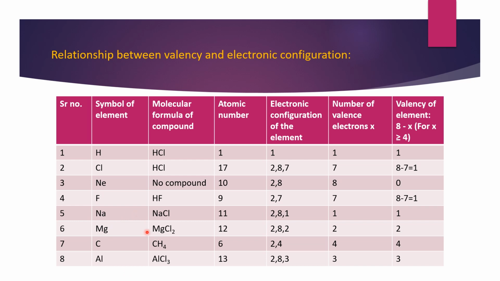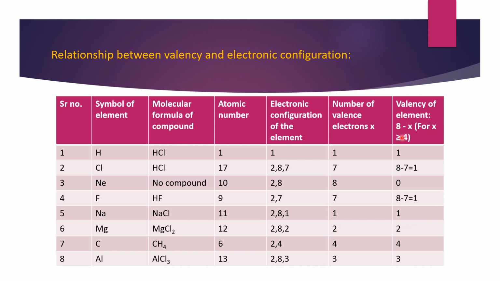Let's discuss MgCl2, magnesium chloride. Why is it Cl2, why is it CH4, and why is it AlCl3? You'll get to know after studying this. We'll study magnesium, whose atomic number is 12. The electronic configuration for 12 will be 2, 8 and 2. 2 plus 8 is 10, 10 plus 2 is 12. The outermost shell has 2 electrons, so the valency of the element will be 2.